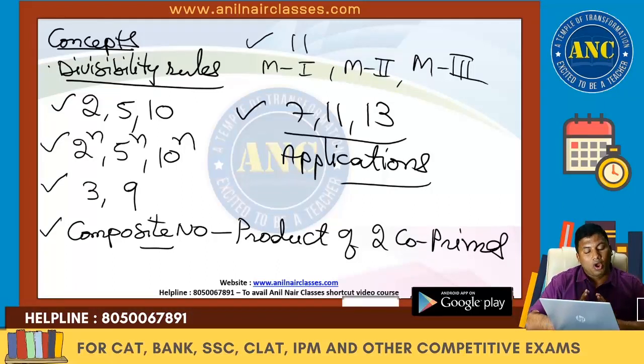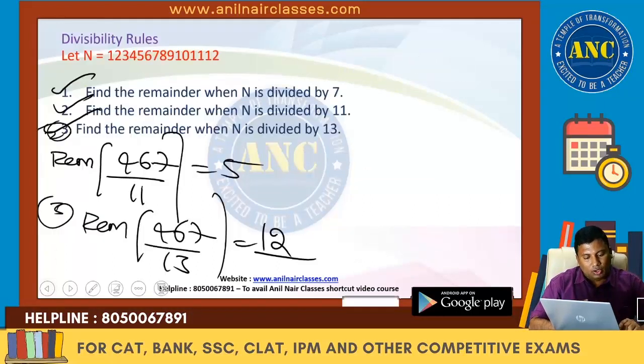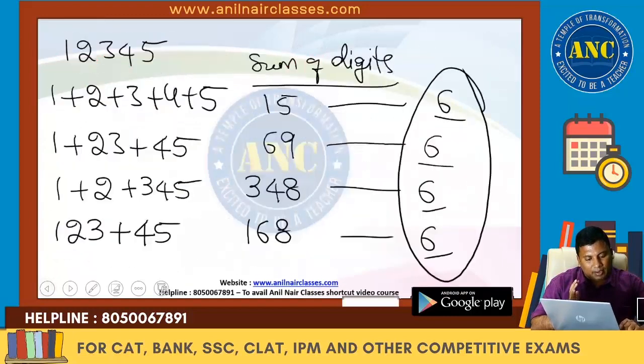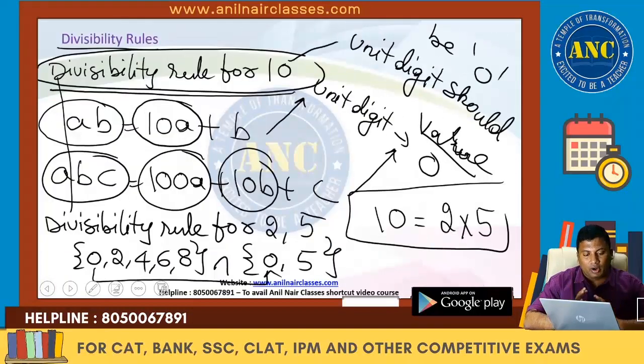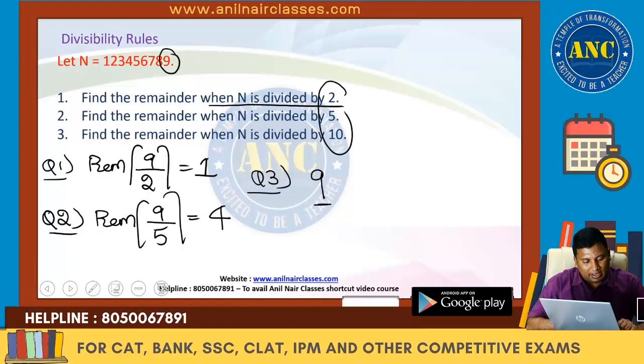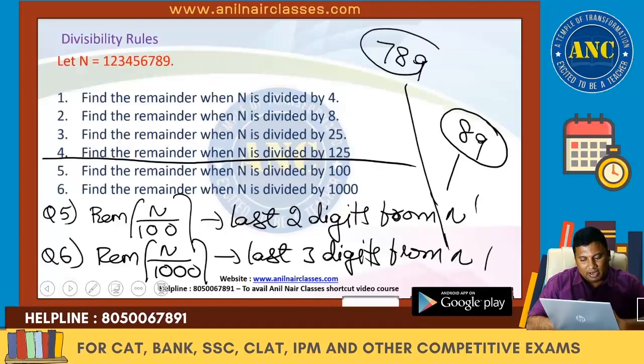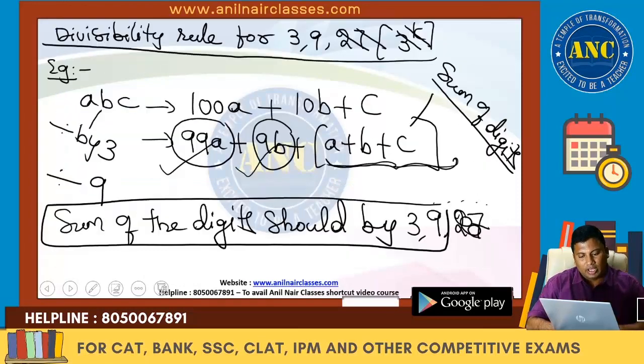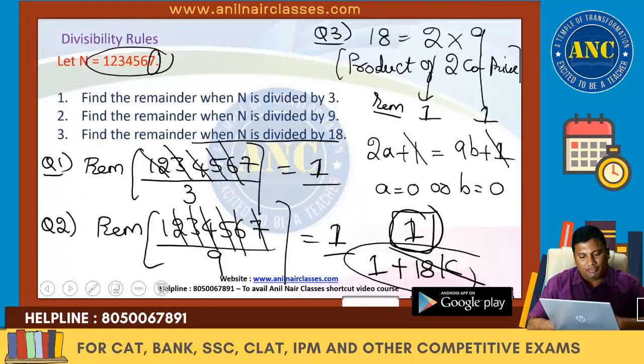I hope all the concepts are clear to you. Let me rewind right from the beginning. First we found out the divisibility rule for 2, 5 and 10. Then for 2 square, 2 cube, 5 square, 5 cube, 10 square, 10 cube. Then for 3 and 9. Then we did it for 18; 18 is 2 into 9.